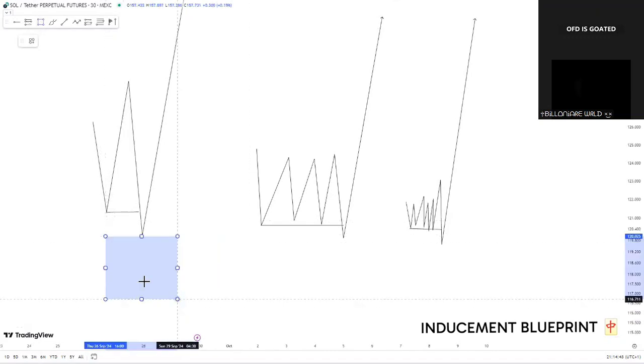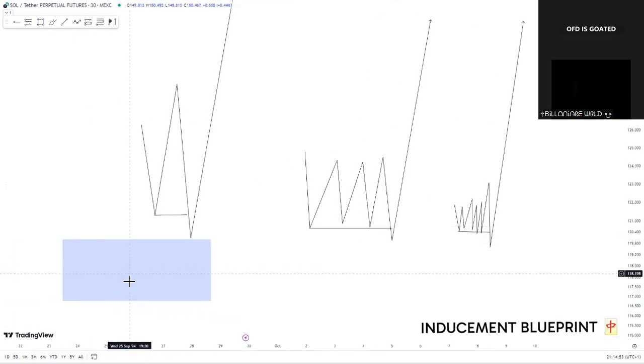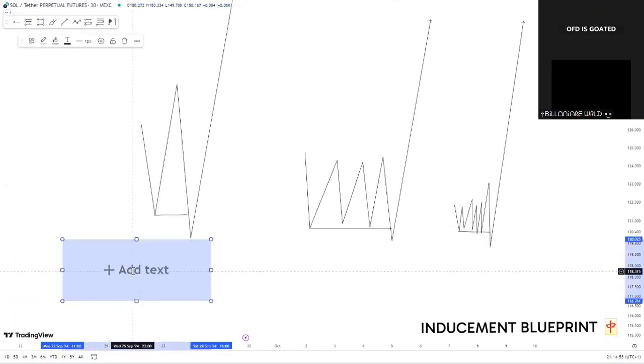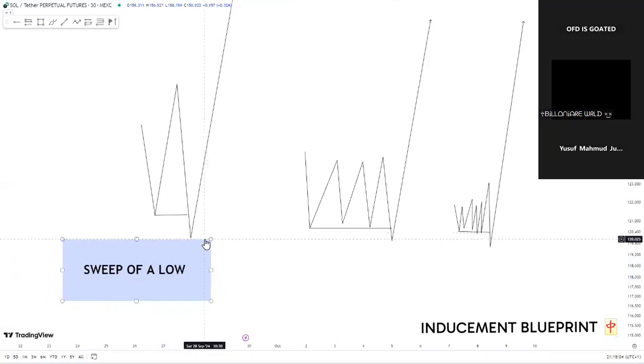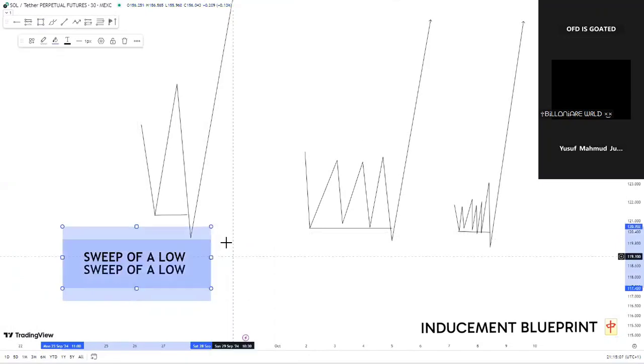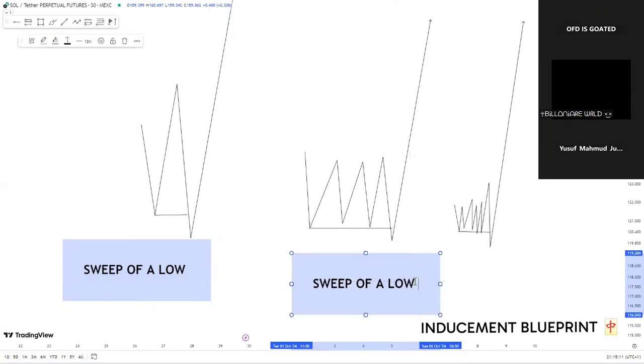Like I said, this one is a sweep of a low. Then the next one will have what? A sweep of double bottom.